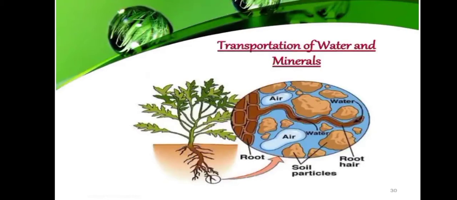Now the question is, from where does the root hair get this water? From this picture you can see that the root hair is growing through the particles of soil. So these are the particles of soil. In between the particles of soil, water is present. Actually, root hair absorbs that water.